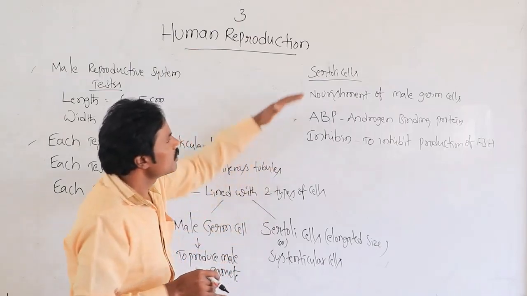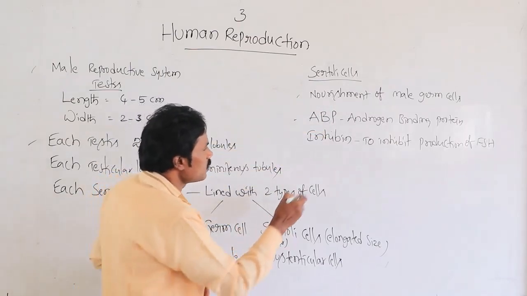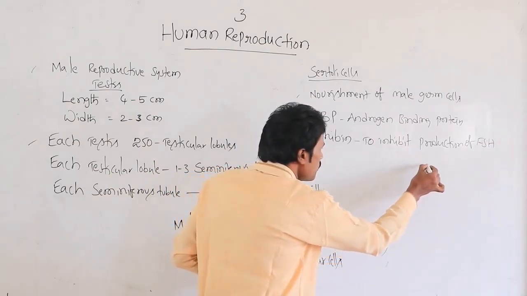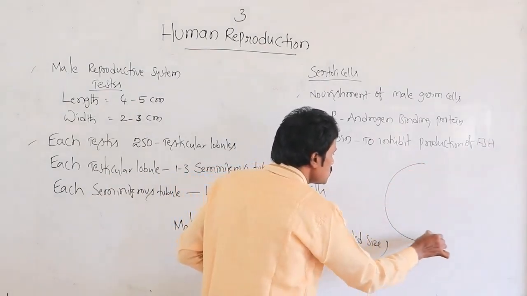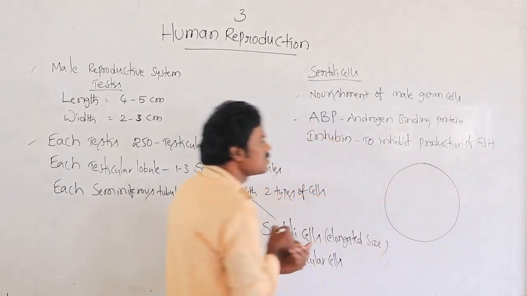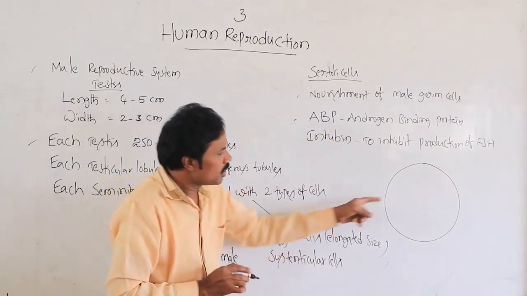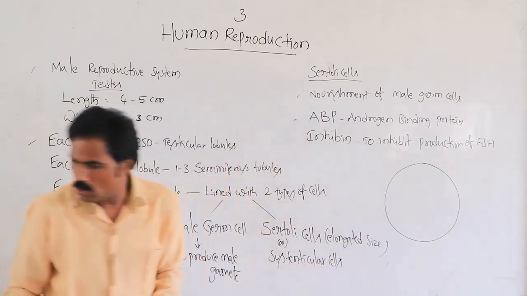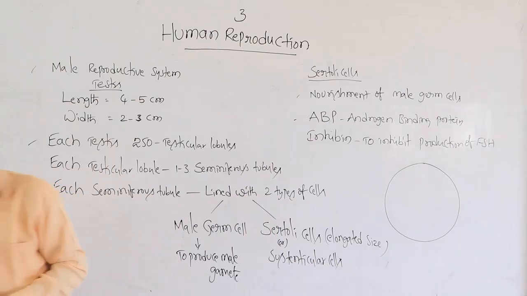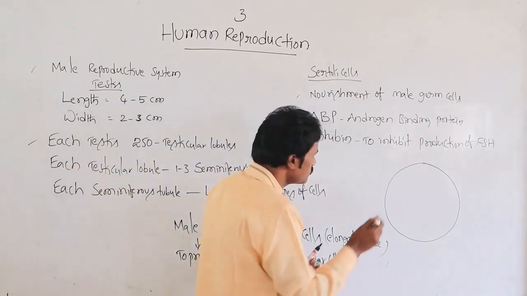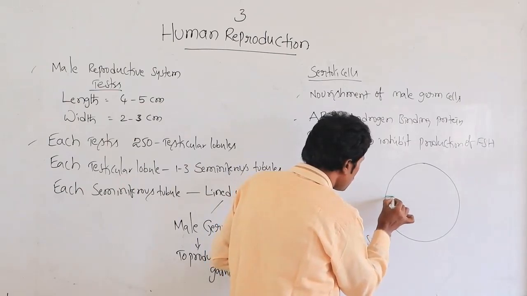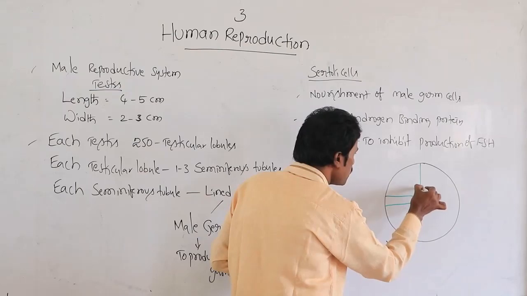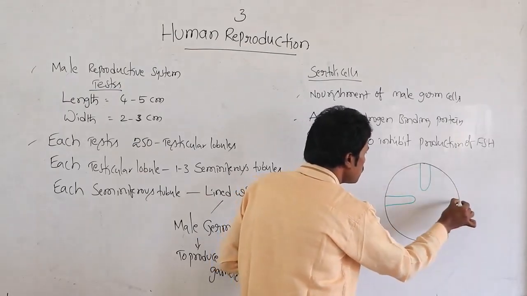Then if you observe diagrammatically, this is the seminiferous tubules. This is one seminiferous tubule, and inside it the elongated cell is the Sertoli cell.